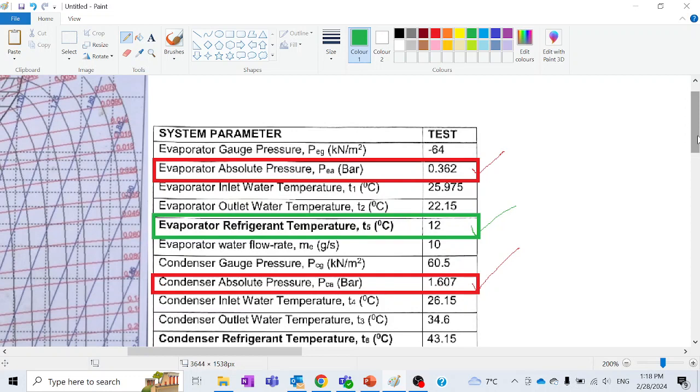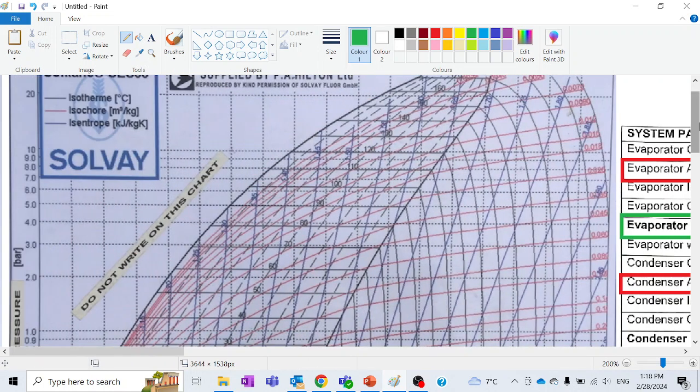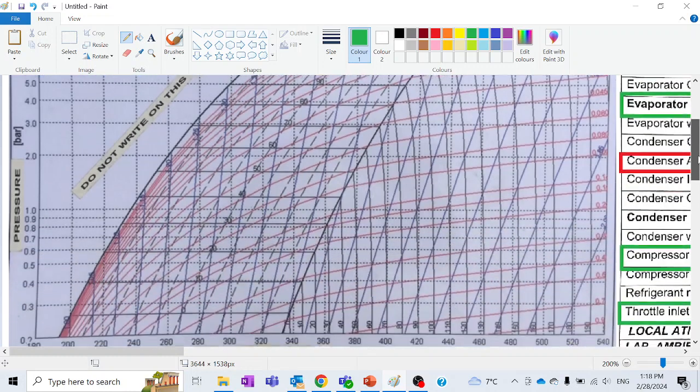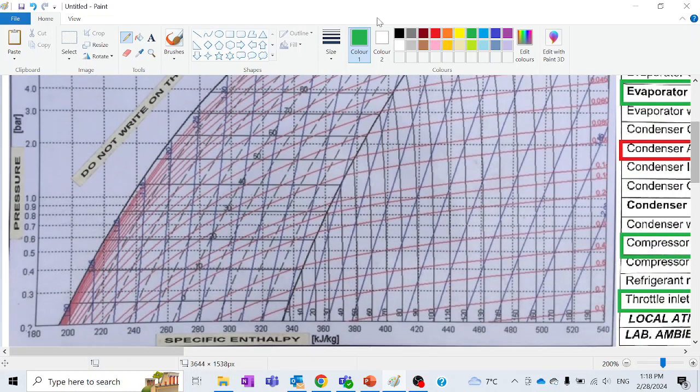Now let's move to the diagram, using this particular information to trace a pressure enthalpy diagram for the experiment. First we need to trace the horizontal lines corresponding to the evaporator pressure and the condenser pressure. So this is my typical pressure enthalpy diagram. You can first trace these lines.